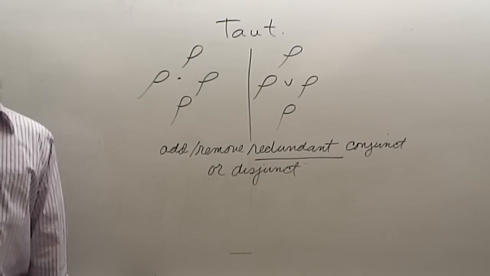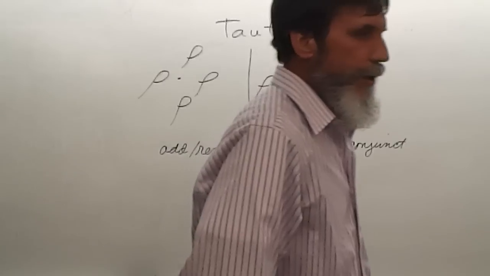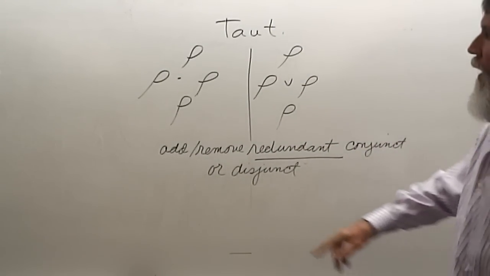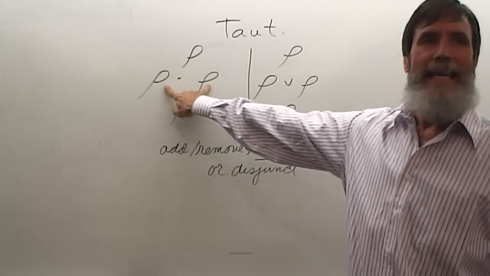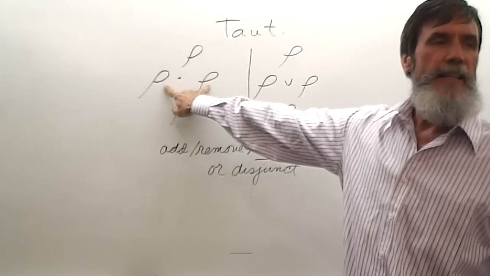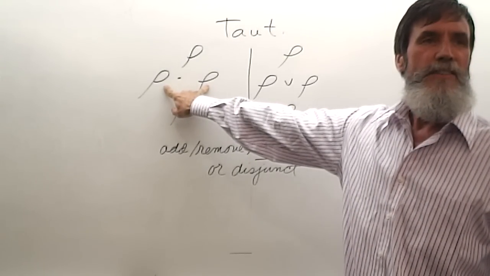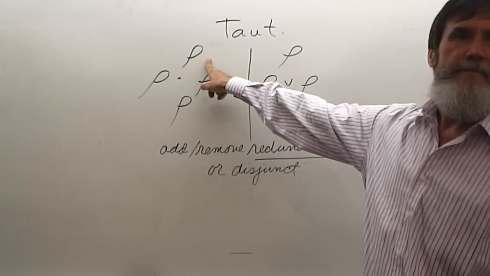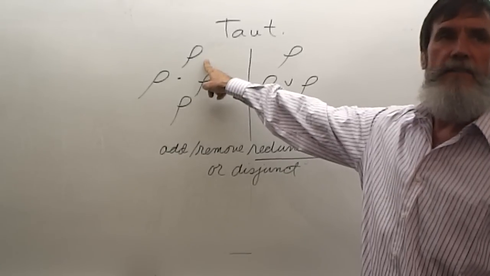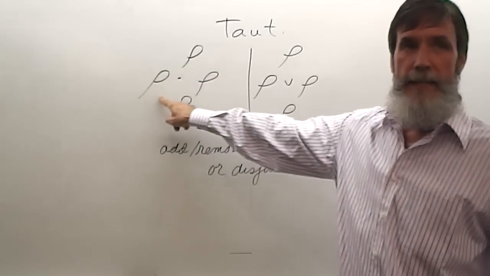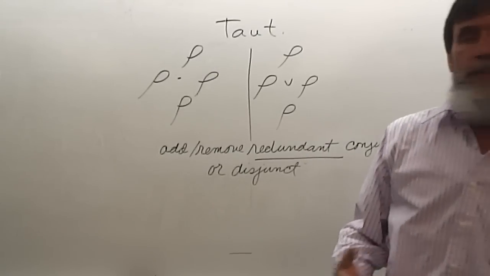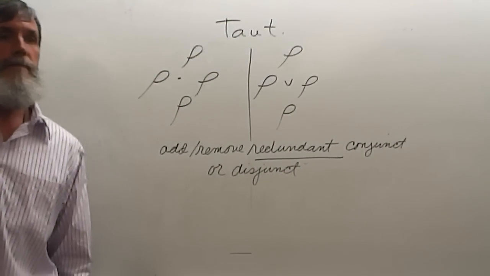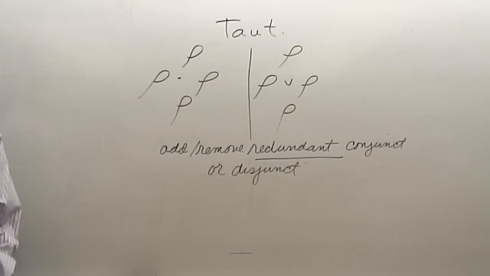Add or remove a redundant conjunct. Add or remove a redundant disjunct. Why the word redundant? Well, you'll notice that the variable p is repeated here. So, whatever statement you're replacing by tautology, okay, you want to make a dot out of it, it's got to be that statement in conjunction with itself. Those can't be different statements. Get it?